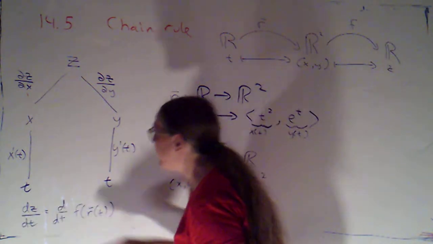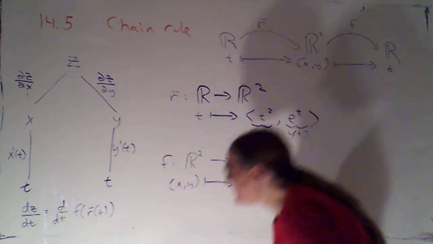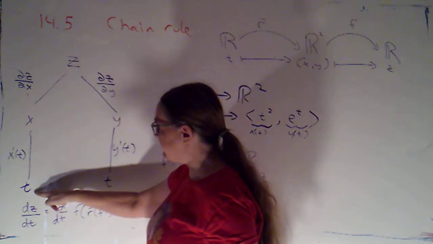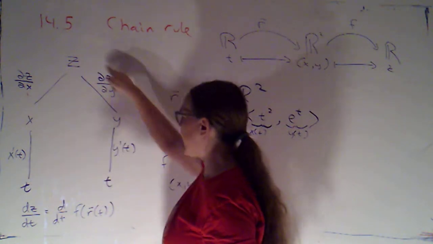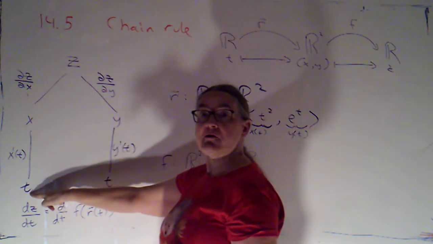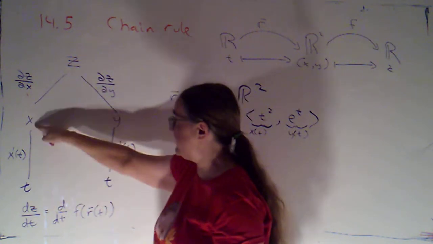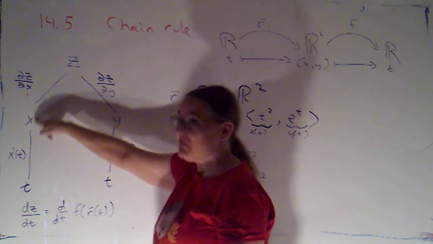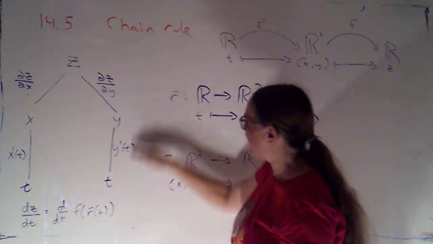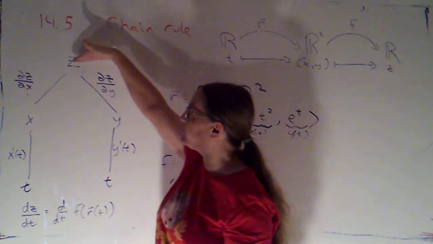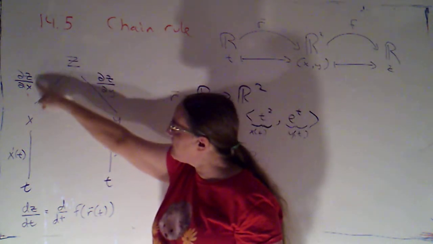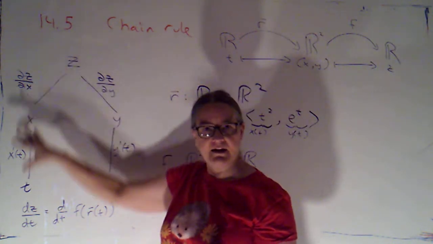Okay, but if I want to find this, here's basically what I want to do. I can say z is connected to t two different ways. Okay, so this tells me how z is affected by t because t influences the value of x, which has an effect on z. This path tells me t affects y, which in turn affects z. Okay. What I'm going to do is multiply the derivatives along each path.